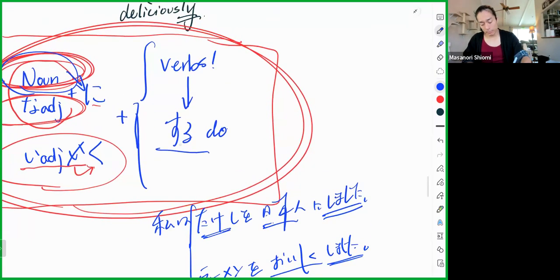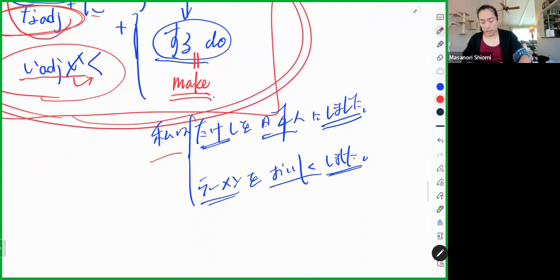In this case, translate it as make. 私はたけしを日本人にしました。I made Takeshi be Japanese. You had the power to change Takeshi's identity, I guess.